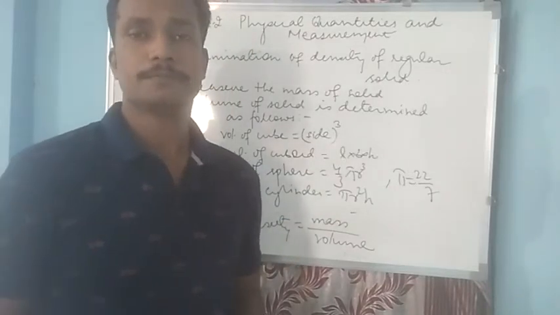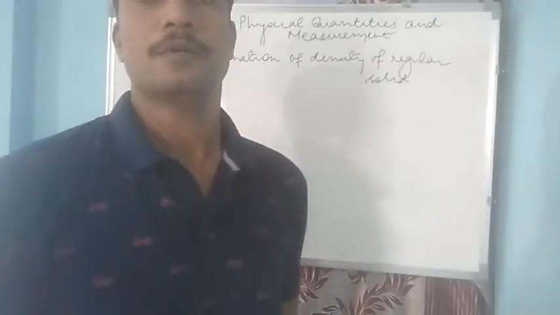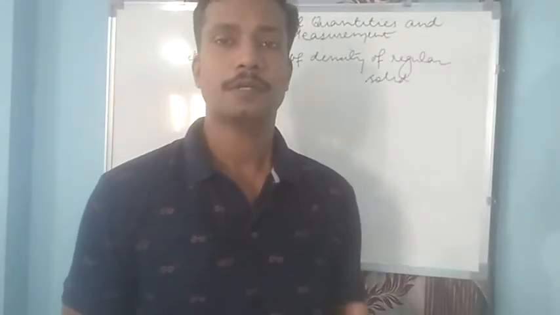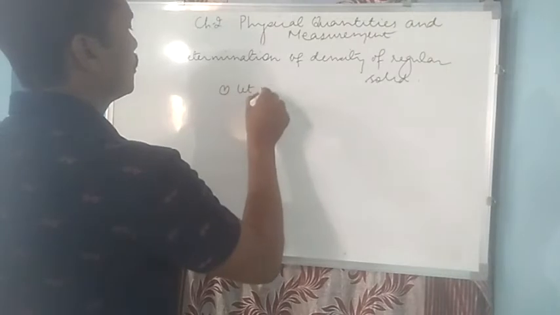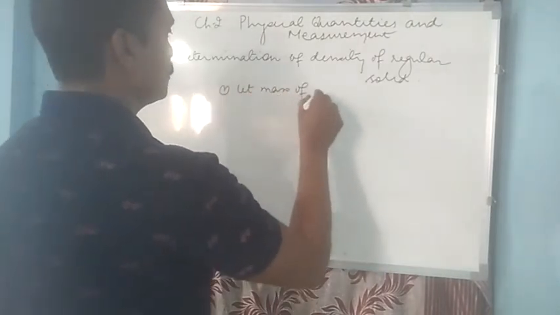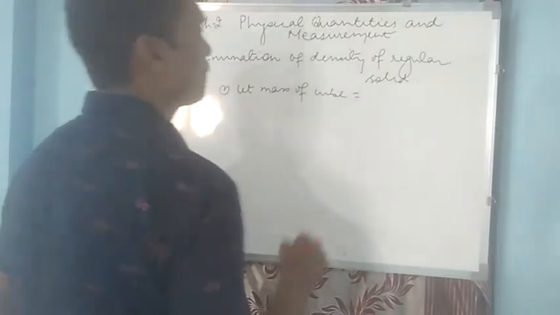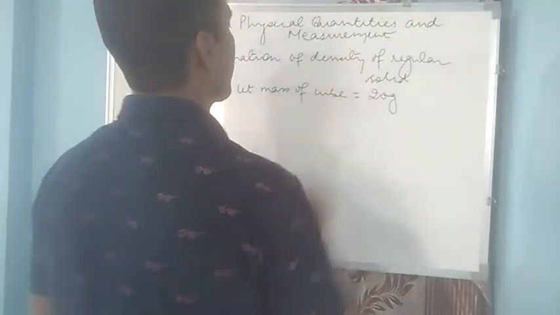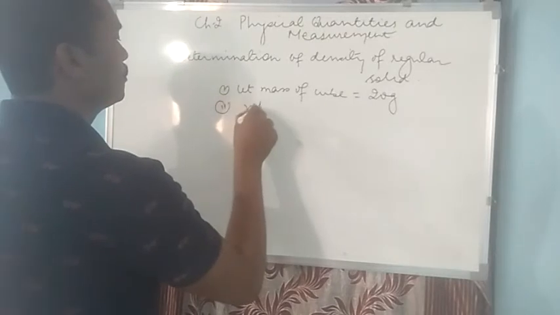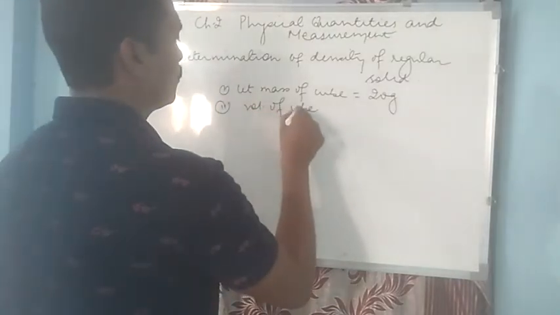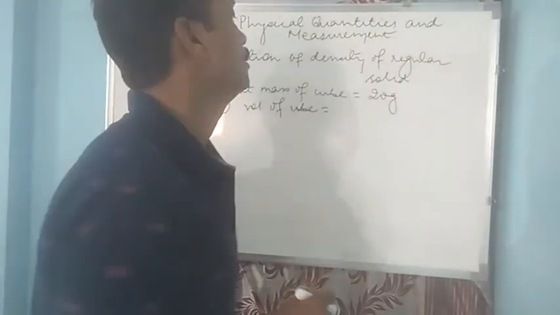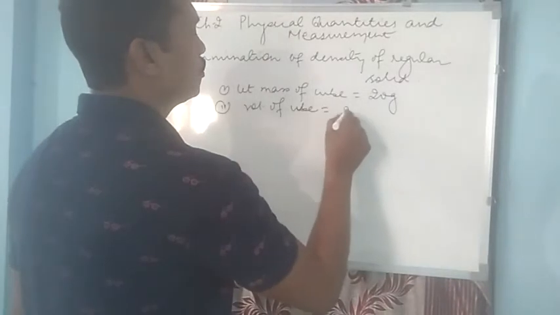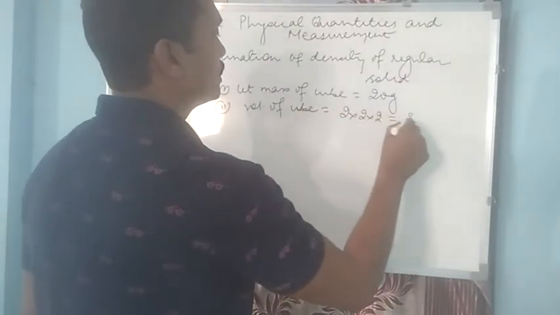Let us take one example. Suppose we want to find the density of a cubical shaped object. So let the mass of the cube be 20 gram, and the volume of the cube is side cube, and let us suppose the side of the cube is 2 centimeters, so we'll take 2 into 2 into 2, which is 8 centimeter cube.